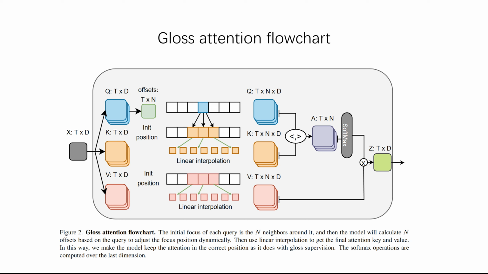Specifically, we first limit the number of frames each frame can pay attention to and set its initial attention frame to frames around it so that the model can be biased to focus on locally close frames.